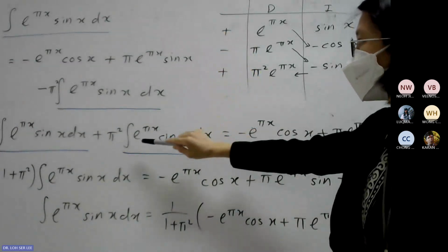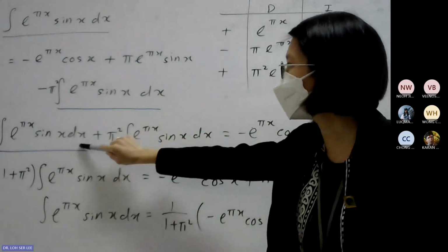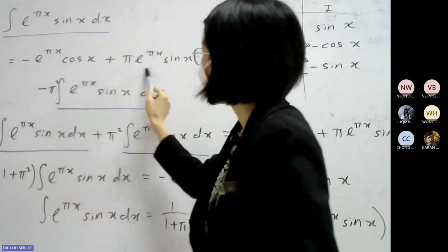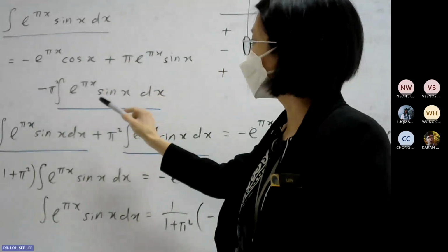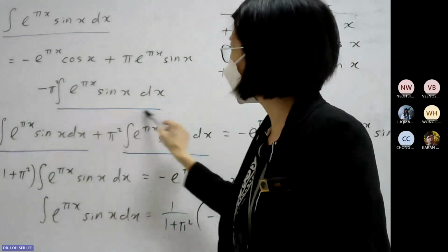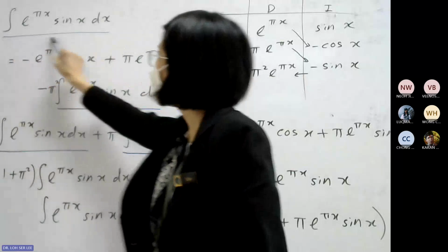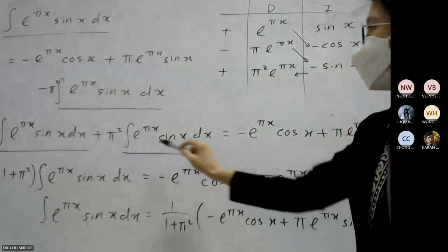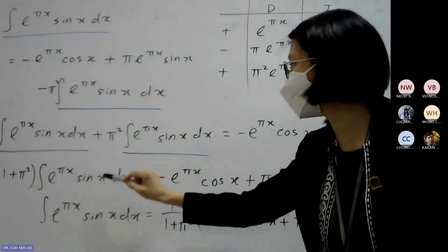No, this one. Left hand side equals right hand side. You have 3 terms, where the third term is exactly the same as this. So we just move this one to the left. Then we factorize the same term.